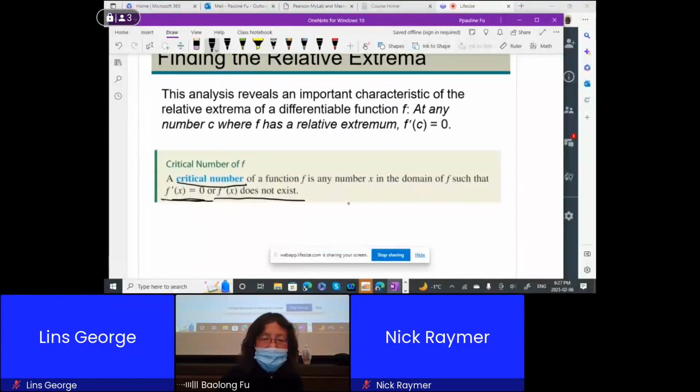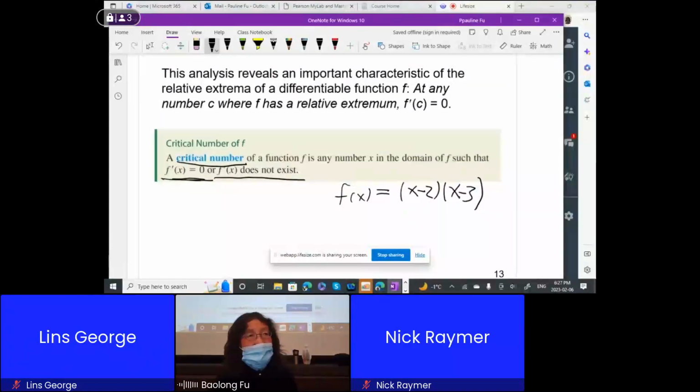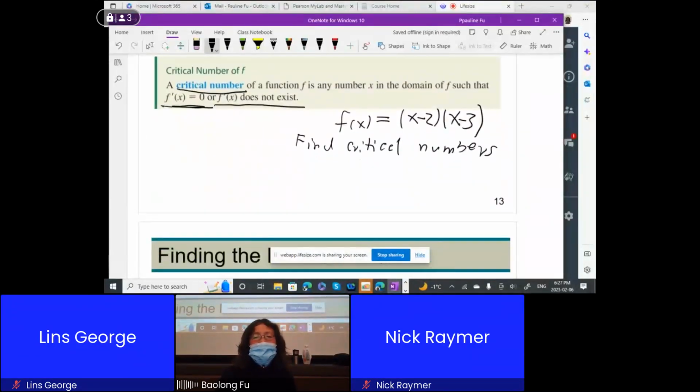For example, if I have f(x) equal to (x minus 2) times (x minus 3), I ask you to find the critical numbers.